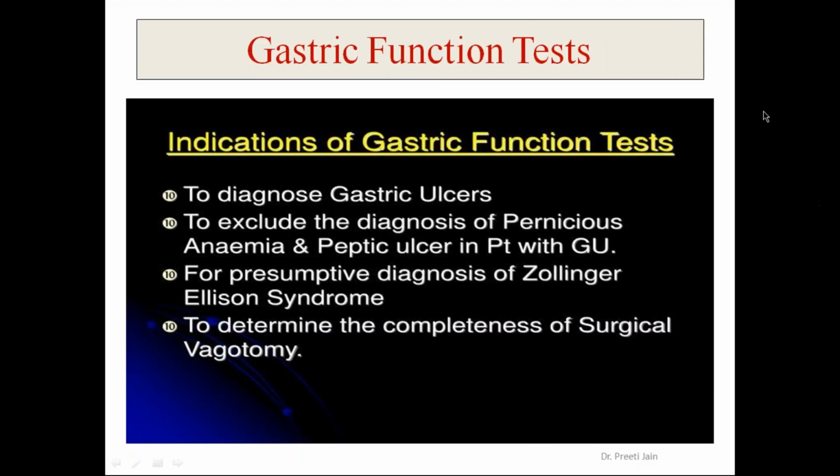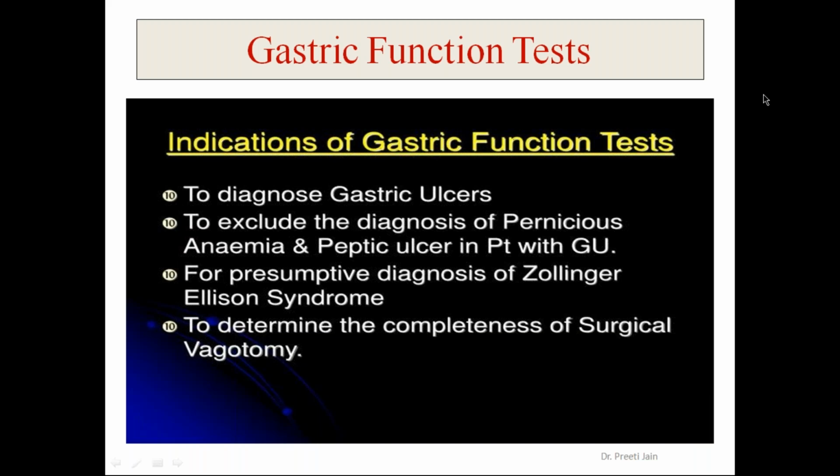So another, this is the last part which is remaining, is gastric function test. Gastric function test has been added in your new curriculum, so I have to cover this. Gastric function tests, what are they? They are basically done to assess the function of the stomach.